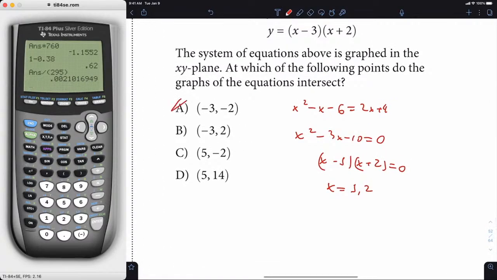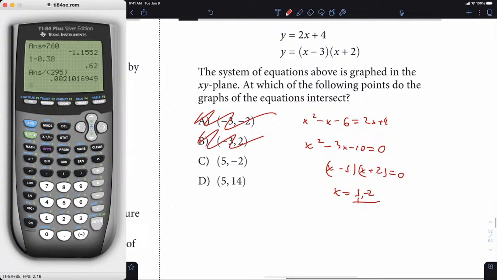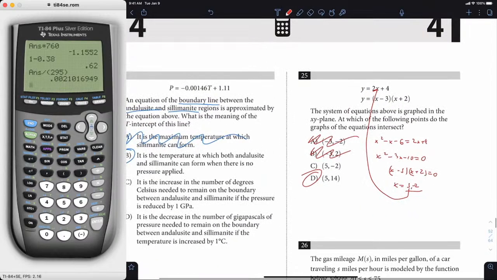I can already cancel out a and cancel out b because that has an x value of negative 3, but we know that x has to be 5 or negative 2. Okay, from here I can already tell you that c is going to be wrong, but if you want to check, you can just plug in any of these x values into here, and we get that 5 times 2 is 10 plus 4 is 14. Done.